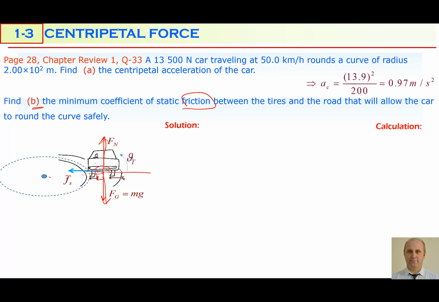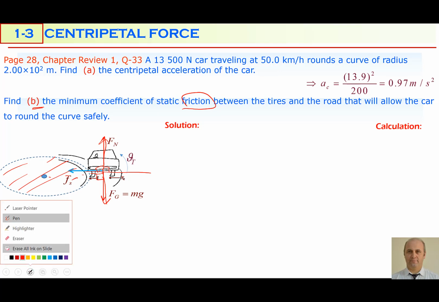And the third force is the static friction force, and we know that static friction force is always parallel to the surface. The surface is horizontal, that's why static friction force must be horizontal. And we know that static friction always acts in the opposite direction of the tendency of an object to slide. We draw the static friction force in the opposite direction.